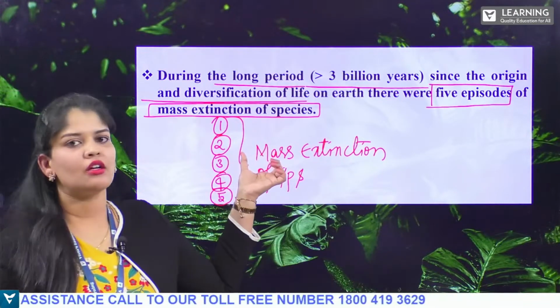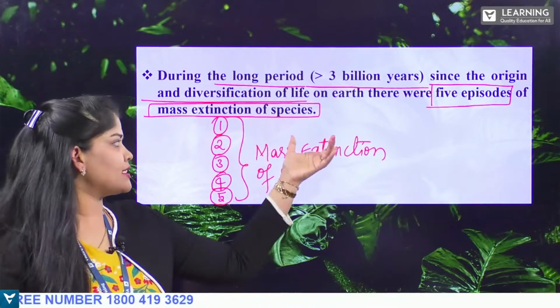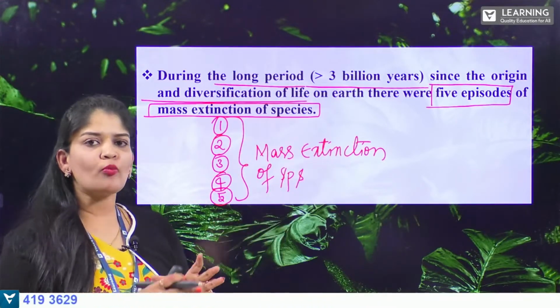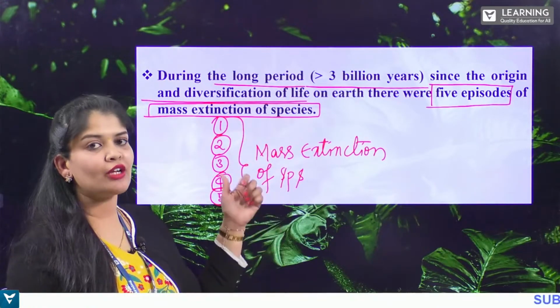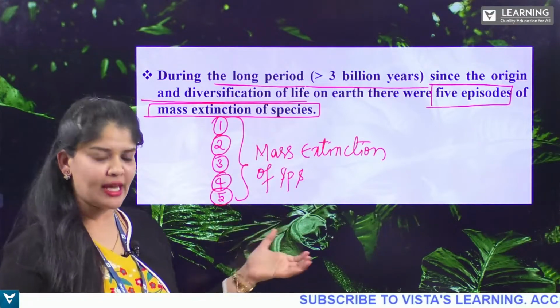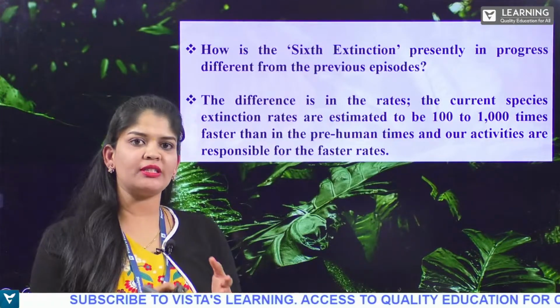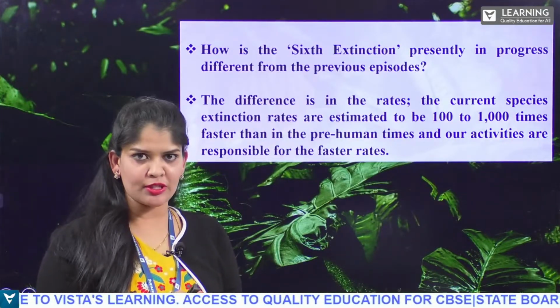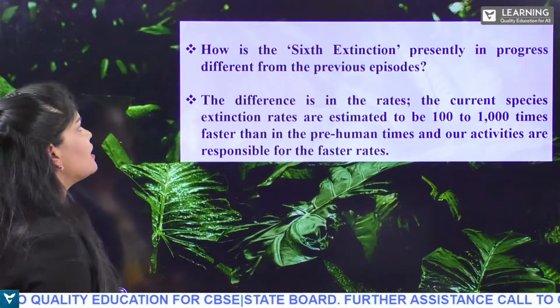Mass relates to a larger number of species. Extinction is when species no more exist, and we can consider this to have happened in 5 different episodes. Then let us understand in what way the present 6th episode differs from the 5 episodes that already happened.